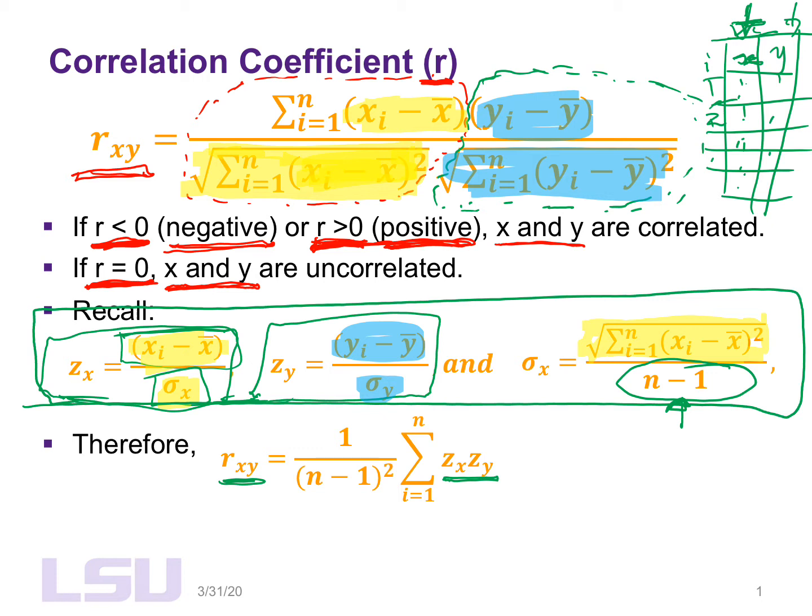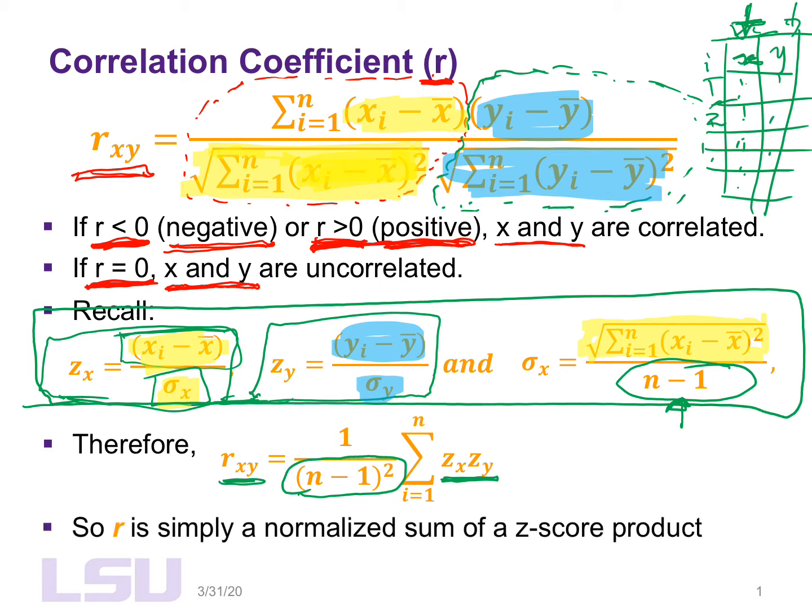It's essentially a product of z-scores summed through for each data point, and this is just a normalization constant. So R is a normalized sum of a z-score product, like I explained.